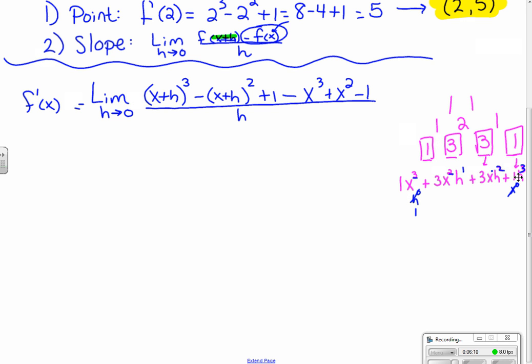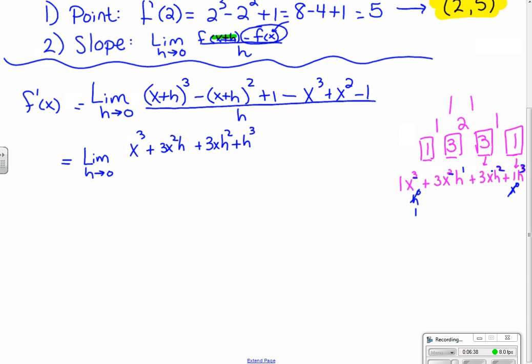So now that we've got that expanded, I'm going to come back over to my limit and write that down. So x plus h cubed becomes x cubed plus 3x squared h plus 3x h squared plus h cubed, and that's the expansion for the cubing one.